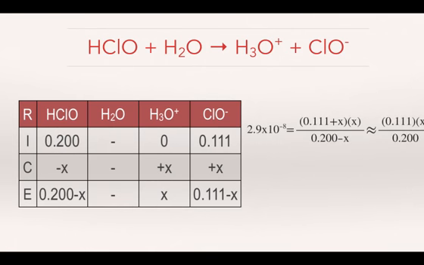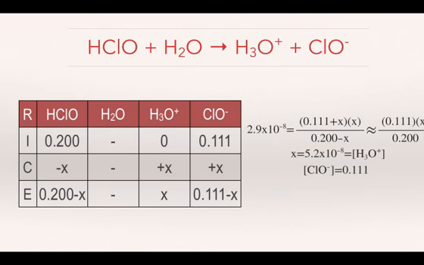And again, we are going to make the assumption that plus x and minus x are too small to matter. Because this is a very weak acid, that's going to be a safe assumption. So our equation becomes simply our Ka value is approximately equal to 0.111x divided by 0.2.